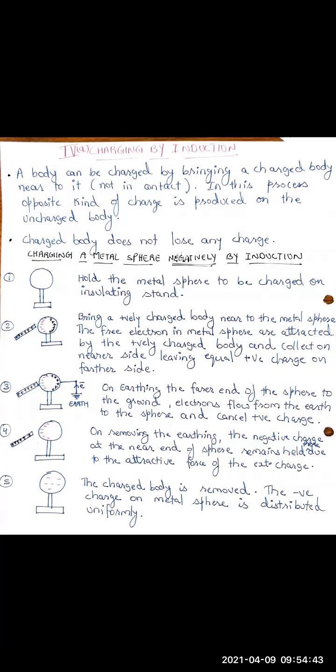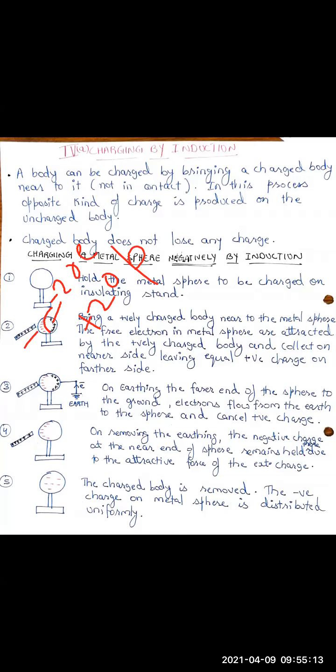This sphere has an equal number of protons and electrons. Suppose, this is an assumption, beta, they are having about 20 electrons and 20 protons, right? So minus 20 and plus 20. So when you bring the positively charged rod near it, all the electrons will be attracted towards the positively charged rod.